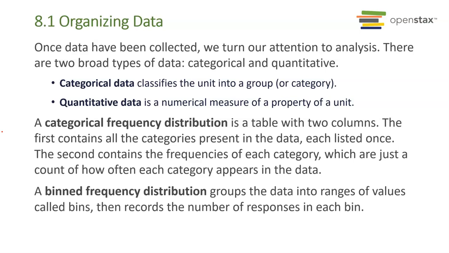So there's categorical data. We will also sometimes call it qualitative. This textbook uses categorical. I usually say qualitative. Qualitative is much more popular, but really it doesn't matter because we're also going to be talking about quantitative data, which is a numerical measurement. So categorical or qualitative data is just like labels.